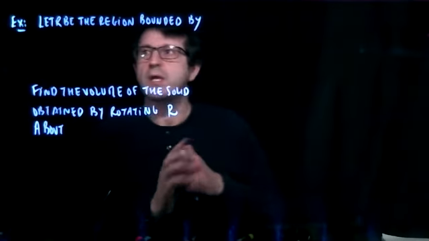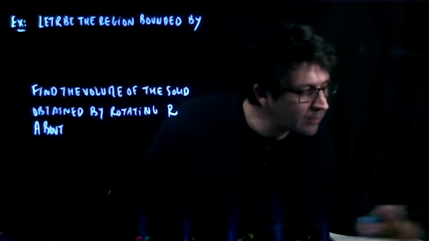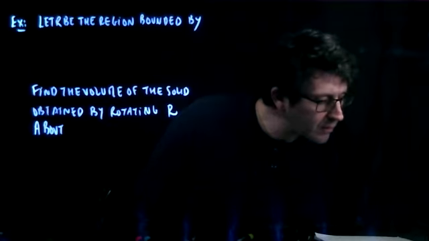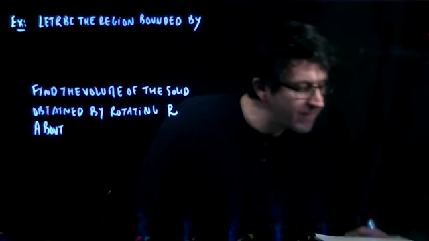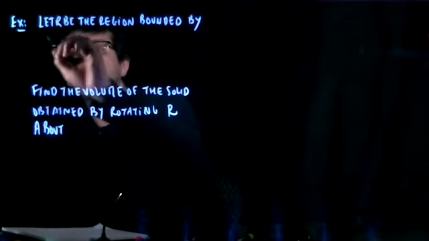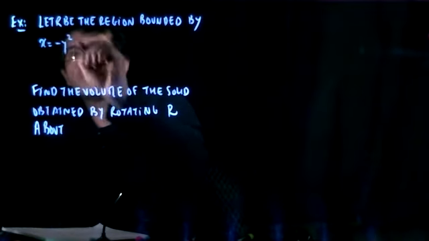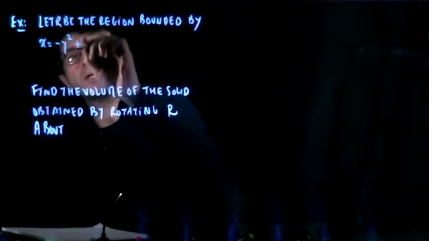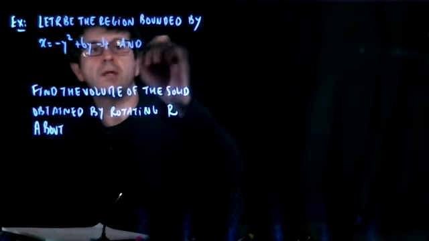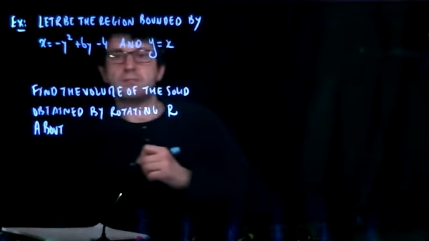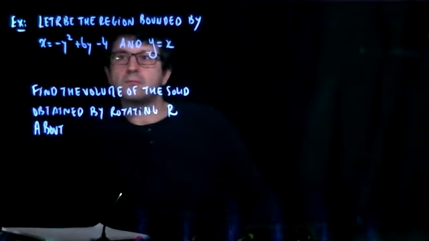Okay, so another example. Let R be the region bounded by, so I prepared one here. What was it? x equals -y² plus 6y minus 4 and y equals x.